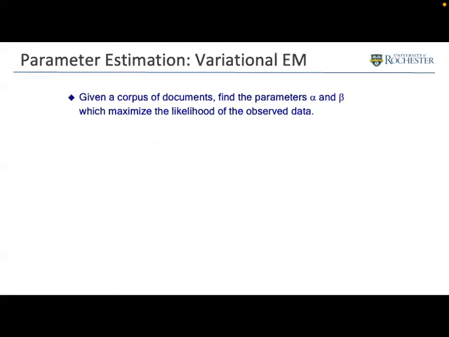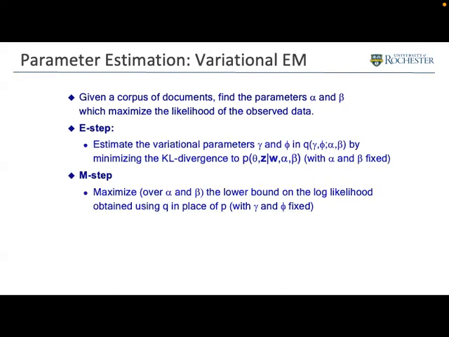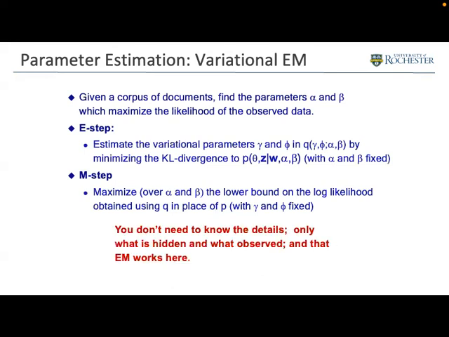So given the corpus of documents, we can find the parameters alpha and beta. We want to maximize the likelihood of the observed data, that is the training data. The E step is this one. For today, it's just a brief introduction of LDA, because it is too complicated, so you do not really need to know a lot of the details.